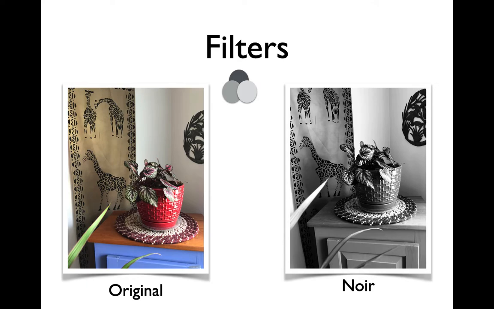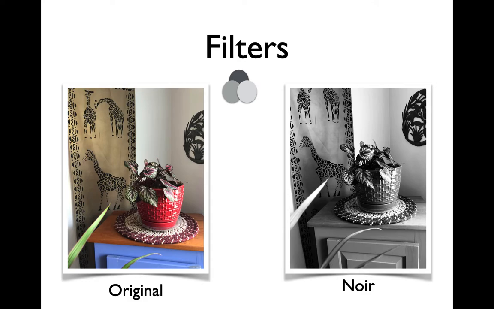Another option we talked about on the home screen or on the camera screen were the 3 circles, filters. On some cameras they're called effects. And this is fun because you can change the overall vision of your picture. Here you see a picture of a plant pot, original, it's in color, but then using a filter, I turned it to a black and white.